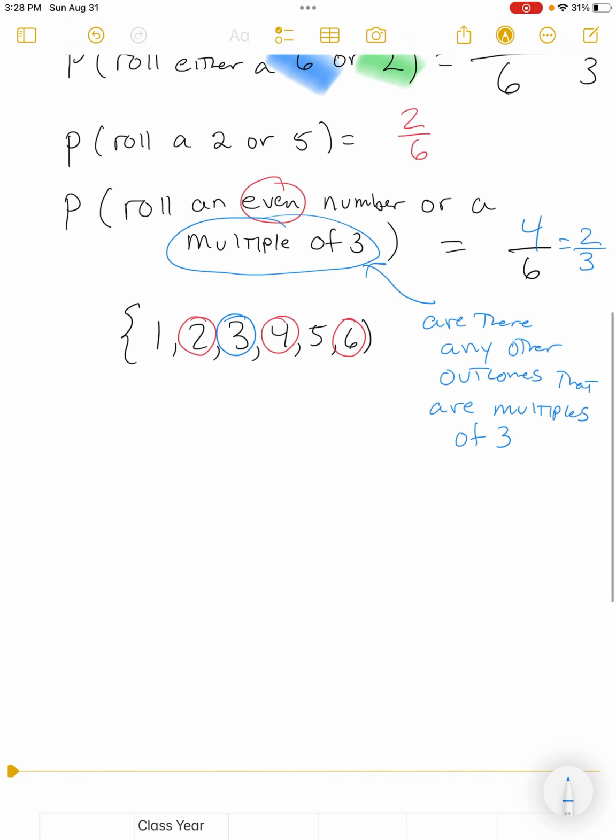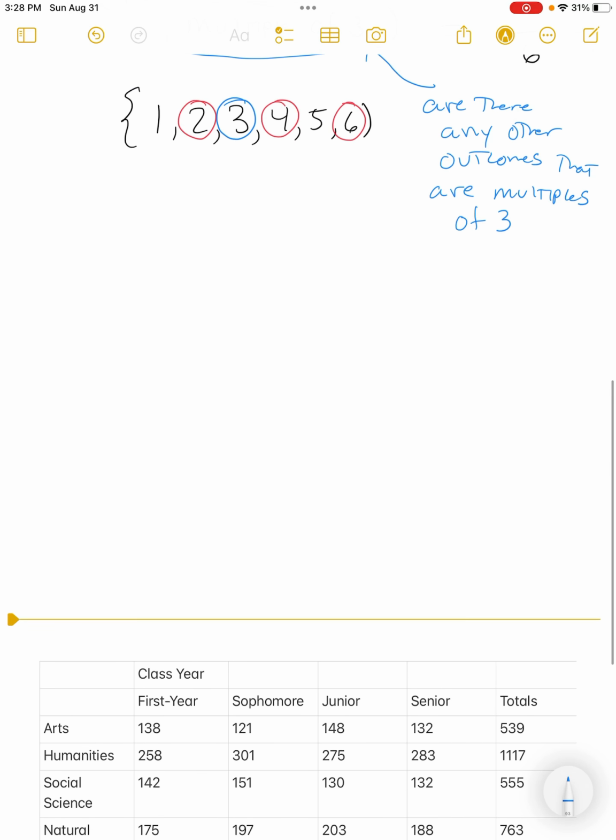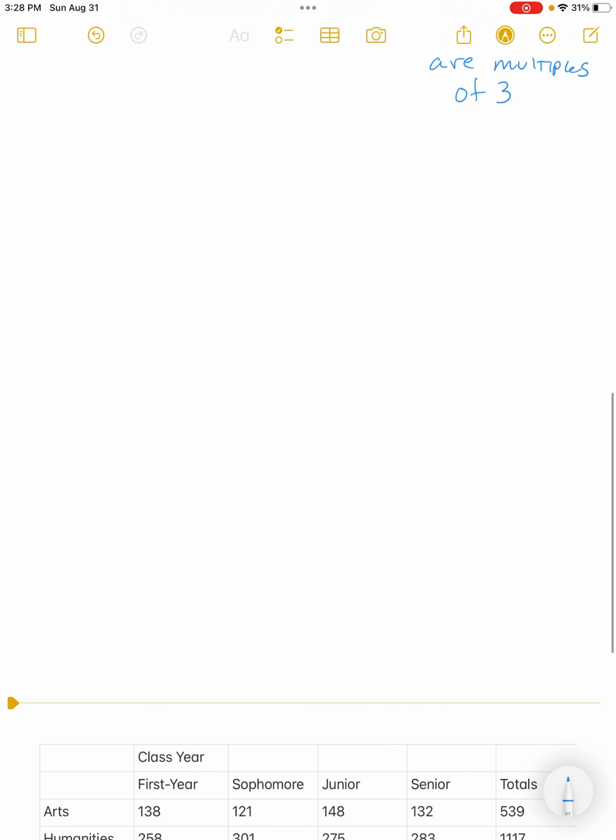So I hope this is making sense so far. Let's keep looking at examples and start to mirror the examples that are in the book. So as you start the homework, it's going to have an example where you have a 6-sided die with both numbers and letters.